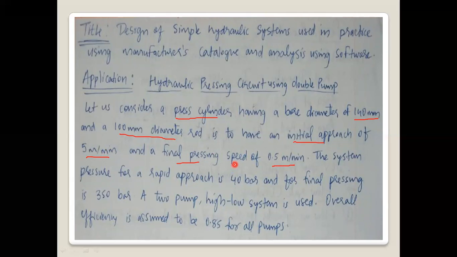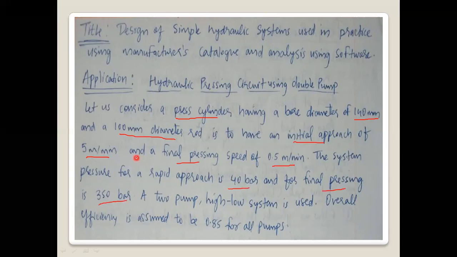Afterwards, while doing the pressing, I require higher pressure. So at that time the flow rate has to be reduced. That's why the speed is 0.5 meter per minute. The system pressure for rapid approach is 40 bar, and for the final pressing it is 350 bar.